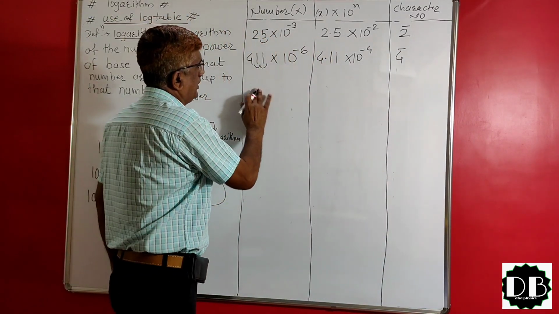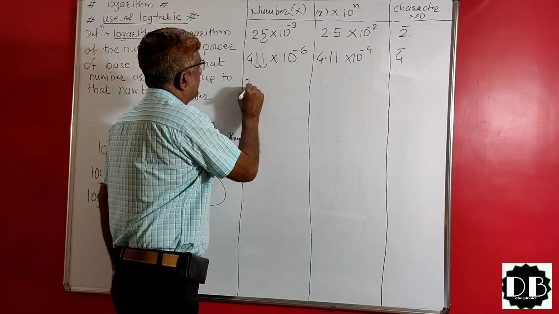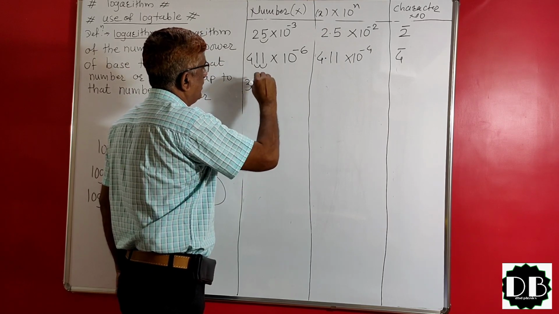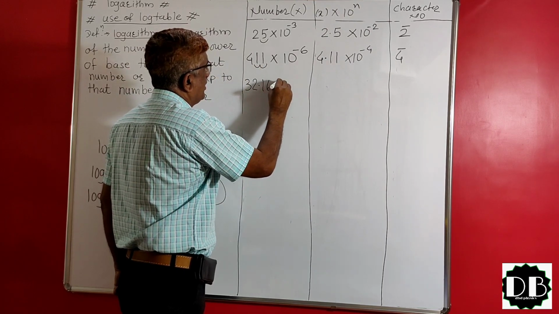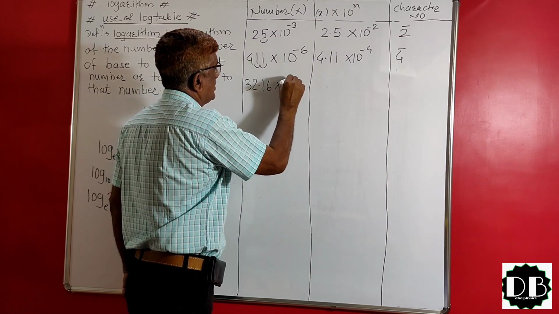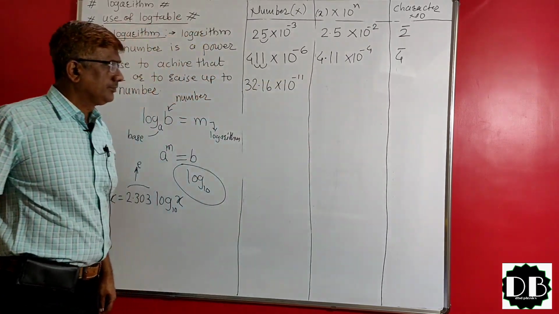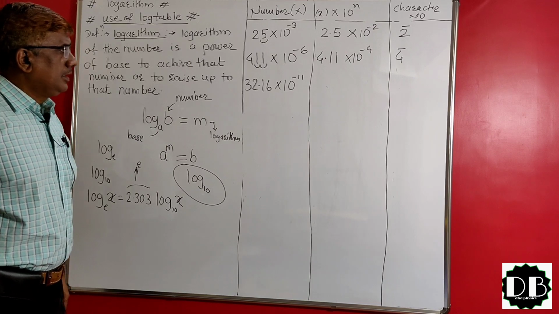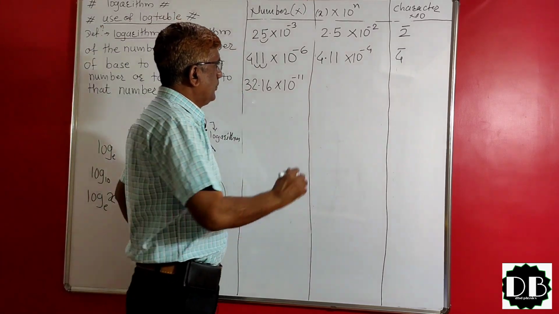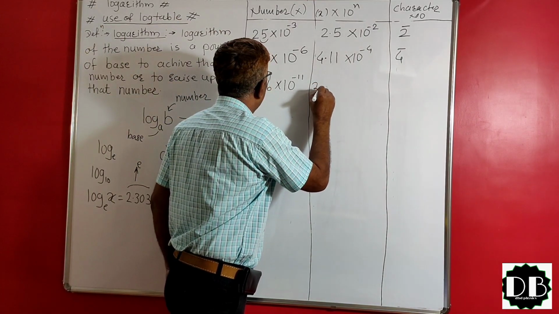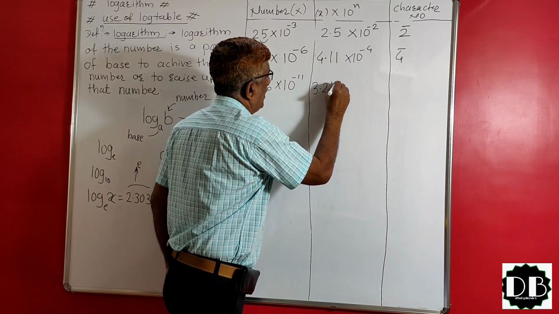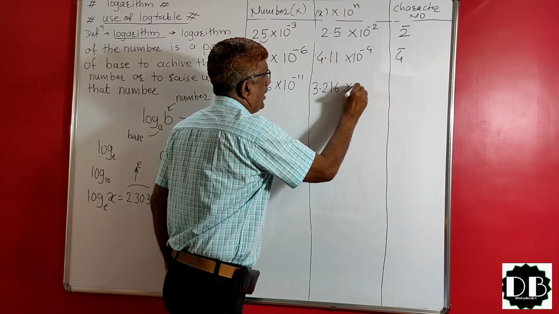We have the number 32.16 into 10 raised to minus 11. This is our number. Here, once again, we can write this number 3.216 into 10 raised to.